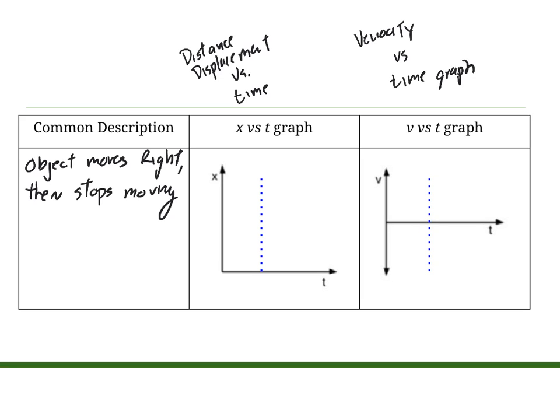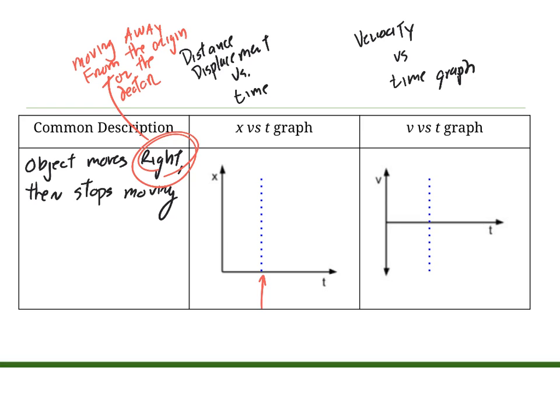Okay, so let's talk about a couple of things here. First of all, if it moves right, that means that it's moving away from the origin or the detector. Okay? And so this dotted line right here is the point at which we are moving right until the object stops moving.